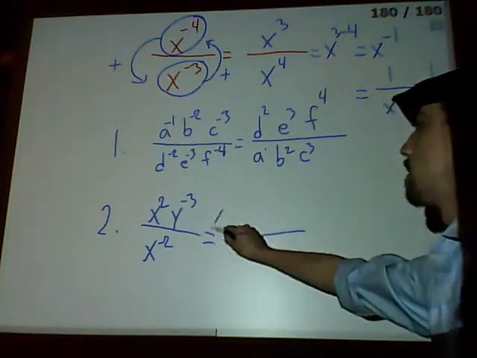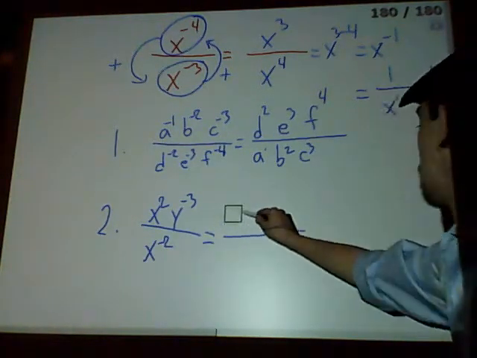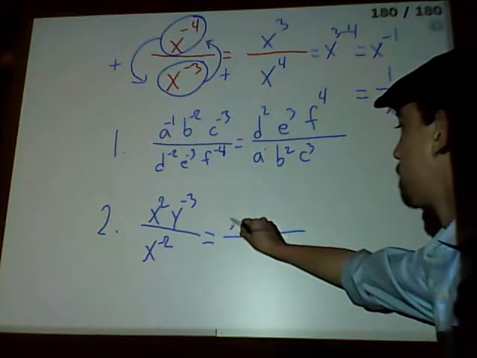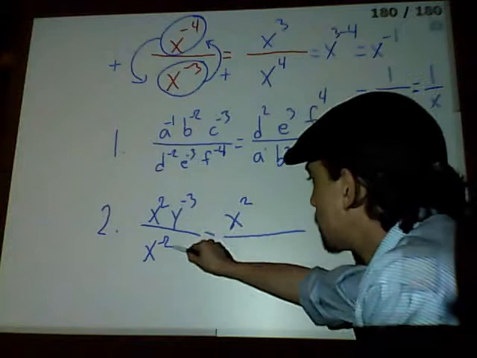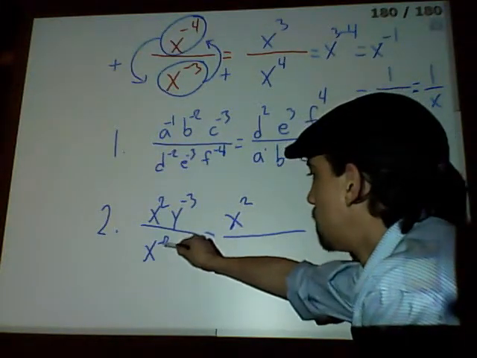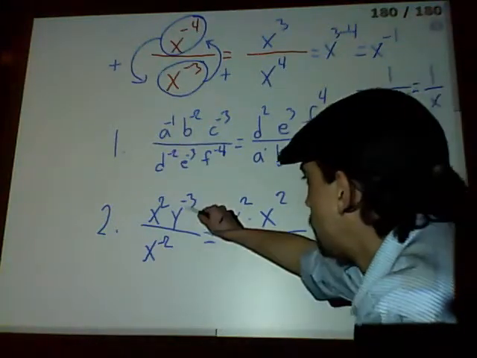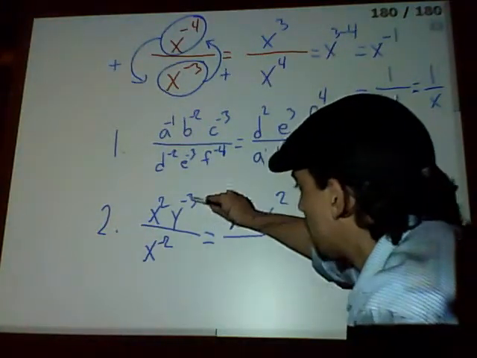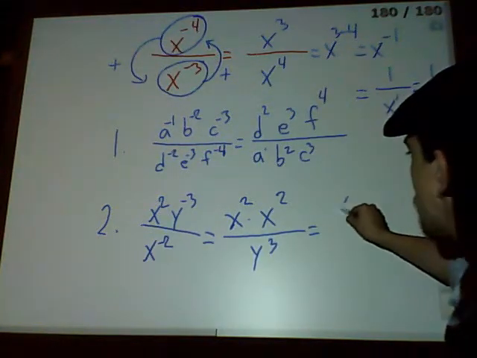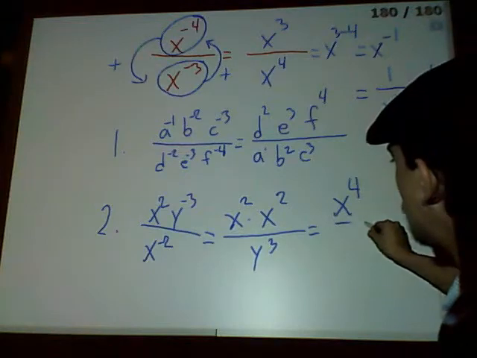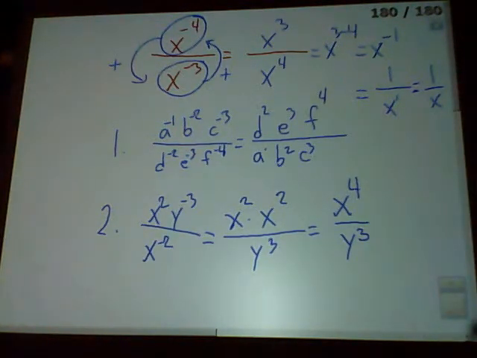So the only one that's going to stay where it is is this x squared that's positive. And we know that this x to the negative 2 is going to come to the top. So it's going to become positive, so on top I'm going to have times x to the positive 2. Now this one is negative. The exponent's negative, so it has to move to the bottom. So on bottom I get y cubed, right? So I got x to the 4th over y cubed, all right?